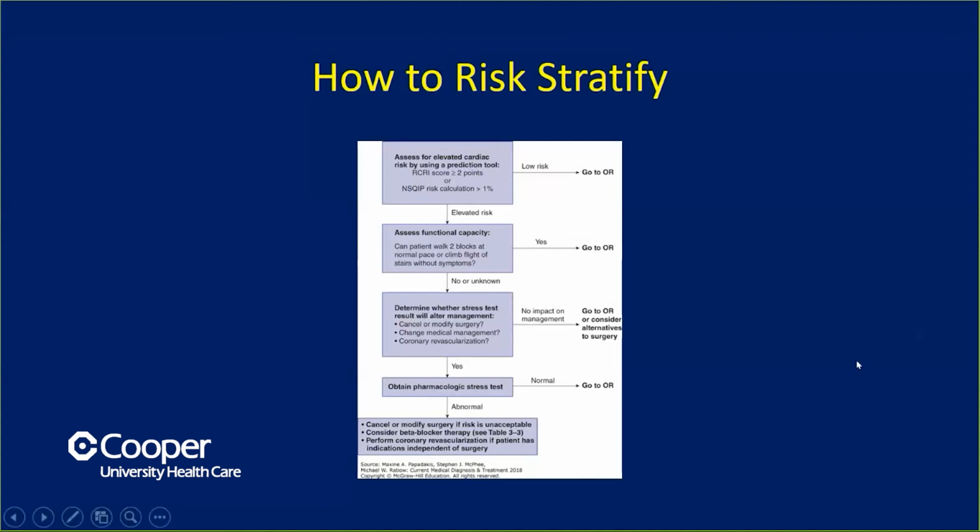The second thing I'd like to emphasize is that once you're asked to be a consultant and assess risk, I consider myself part of the team to determine whether the surgery that's recommended for the person is appropriate. So you're not just rubber stamping, go ahead and do it or can't do it.